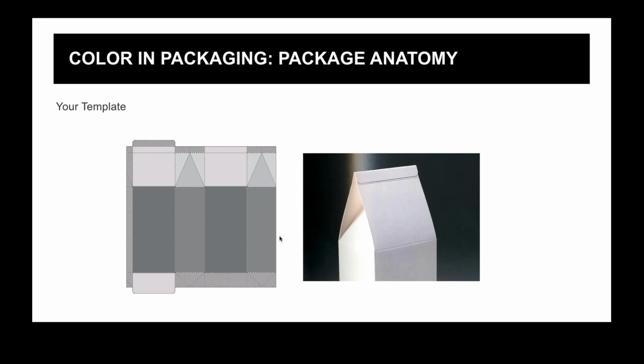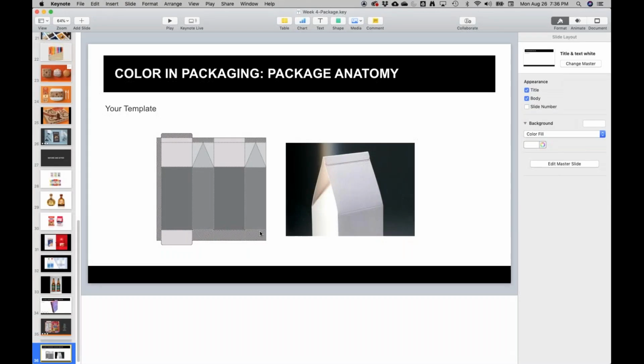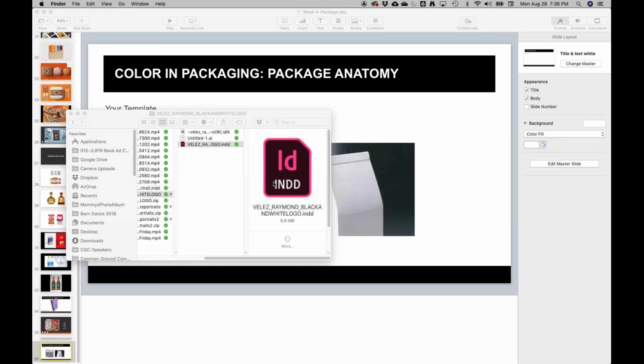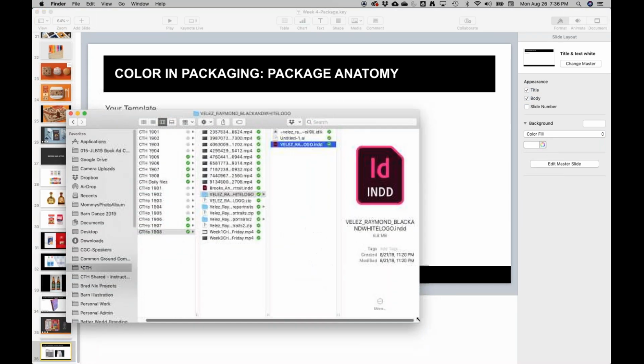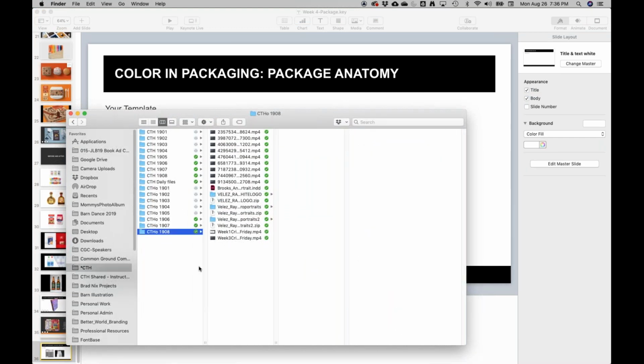The package templates, I'm going to give you the files. They look not like this. They will be an Illustrator file, flat, and I'm going to show you one. I'm going to get the files. I've moved everything around. I'm trying to make the course better than ever for you guys, and I left off the files.